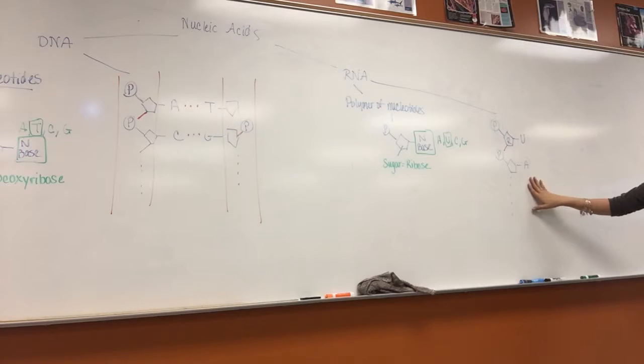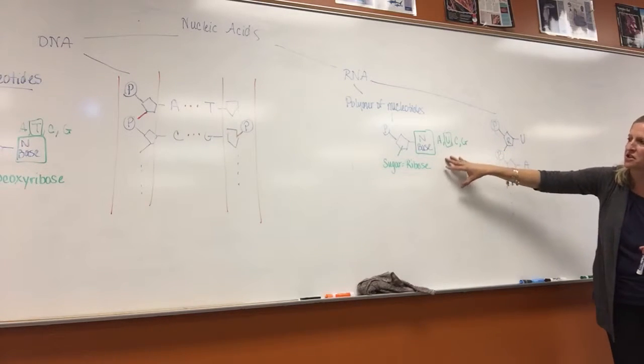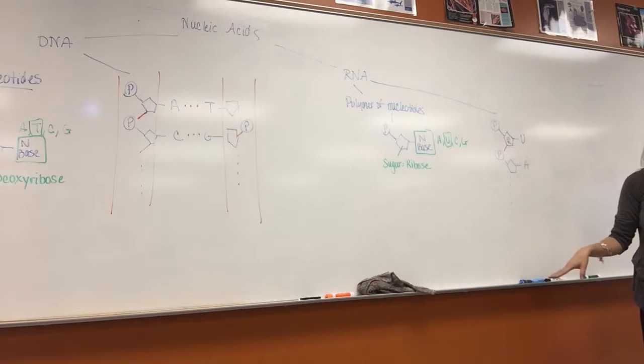This is a completed RNA strand. A big difference between DNA and RNA, in addition to the nucleotides, is that RNA is single-stranded versus double-stranded, all right? And uracil is part of that.